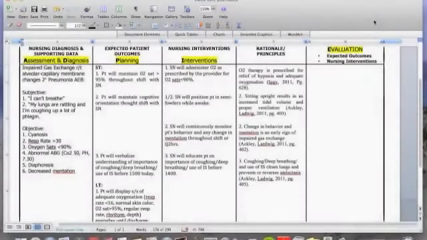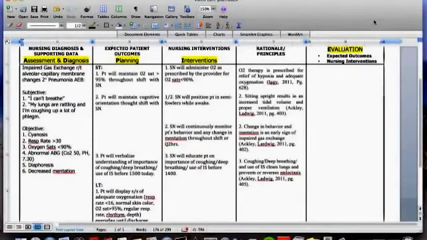Okay, so the fun part about making a care plan is taking everything that you've put in here and evaluating it and asking, were these outcomes met? Were the interventions that I provided for the goals, were they effective? And that's where these come in over here.